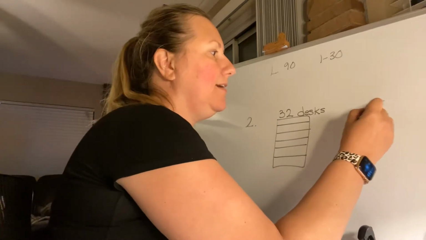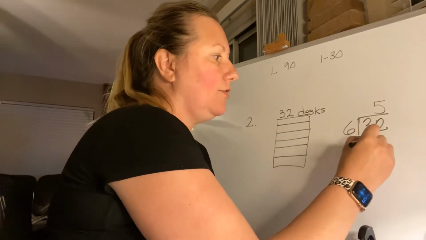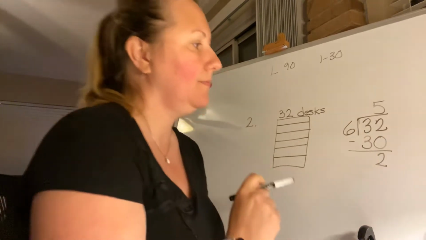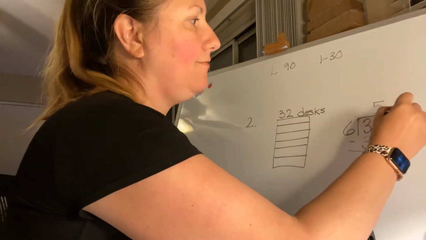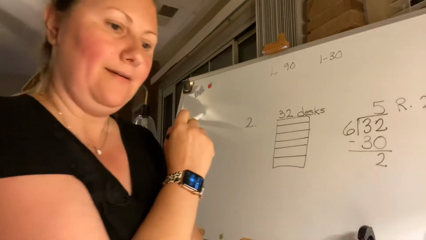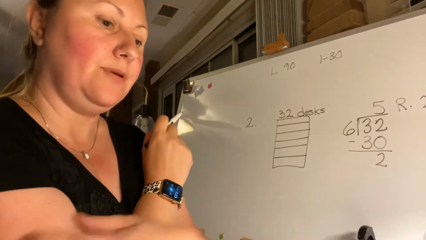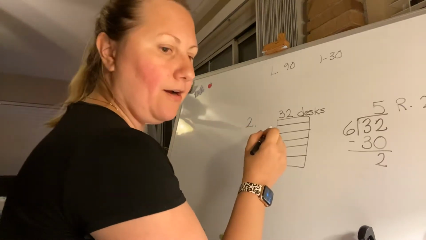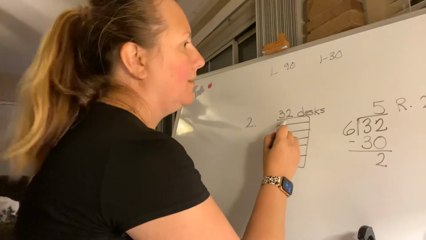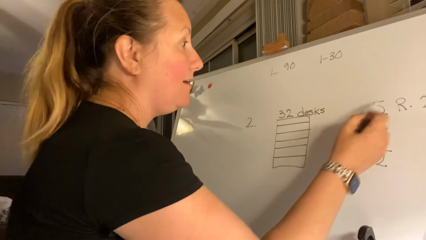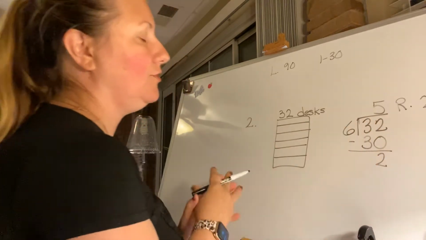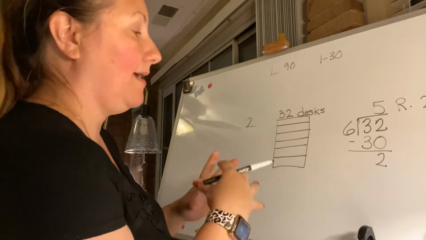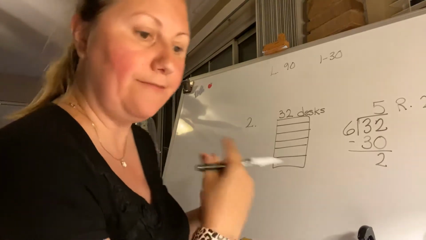So let's see, 5 times 6 is 30. 32 minus 30 is 2, and we have 5 remainder 2. Okay, so we have the 6 rows, and 5 of these 6 is going to have exactly the same amount, and then there will be 2 left over.